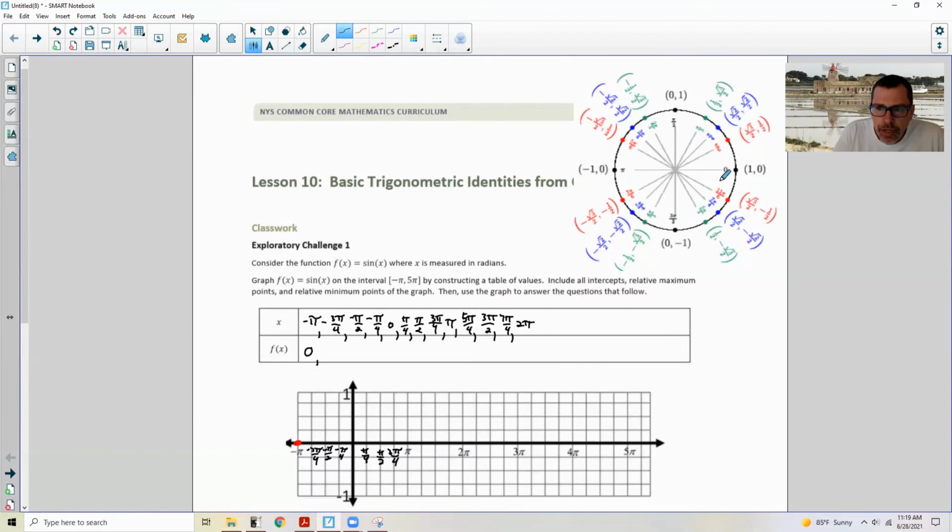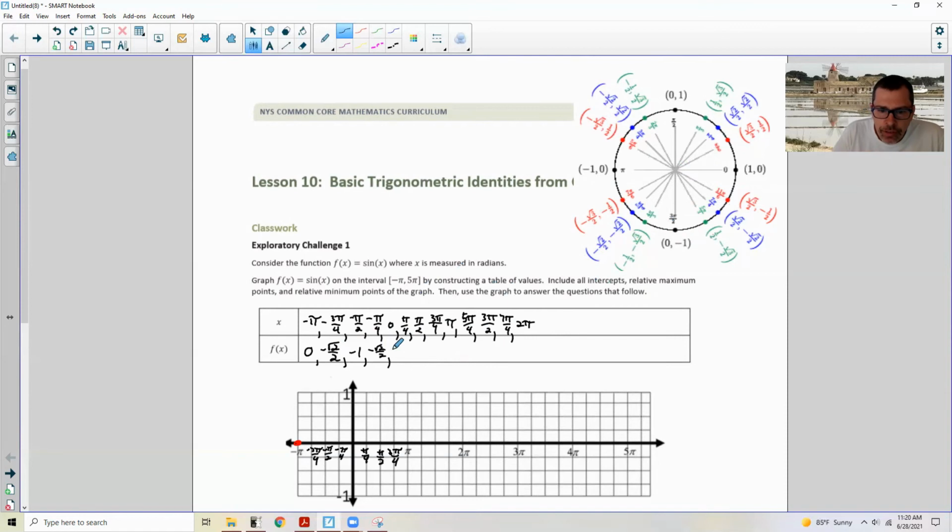Negative 3/4 pi is equivalent to 7 pi over 4 going the positive direction, and the y value here is negative root 2 over 2. The sine of negative pi over 2 is equal to that of 3 pi over 2, and it's negative 1. And then negative pi over 4 is the blue one here. That's equivalent to 7 pi over 4, and it's negative root 2 over 2.